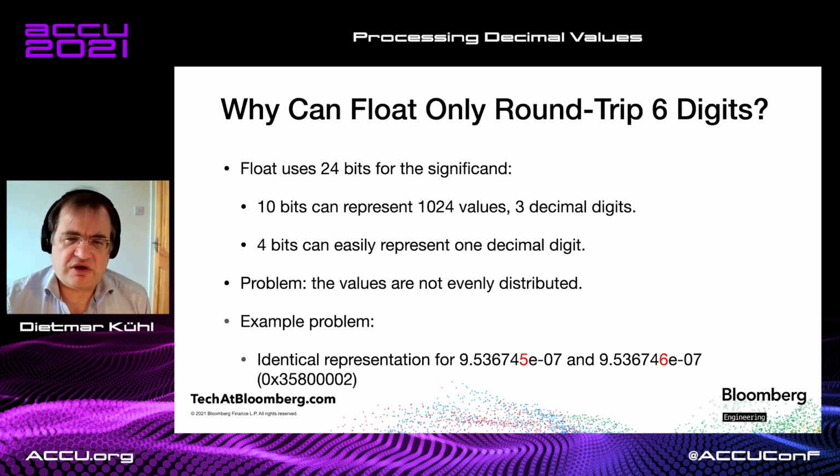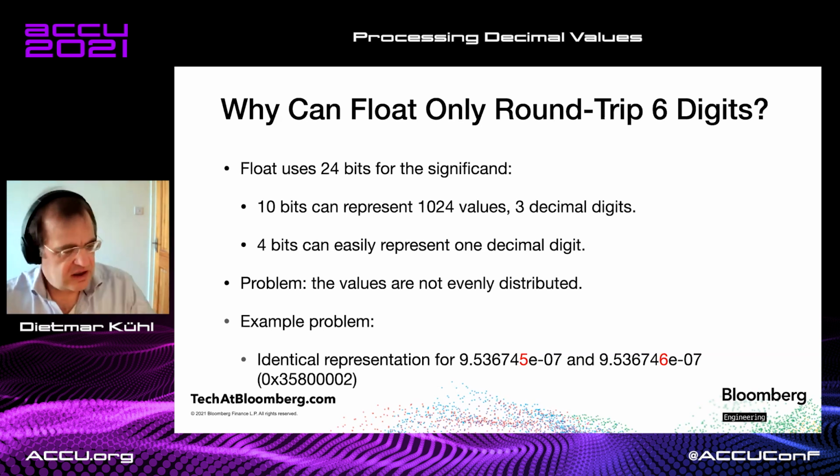So if you take the values on the bottom, 9.536745 to the power of minus 7, and the next value of that, you actually get the same binary representation, which is just this thing.